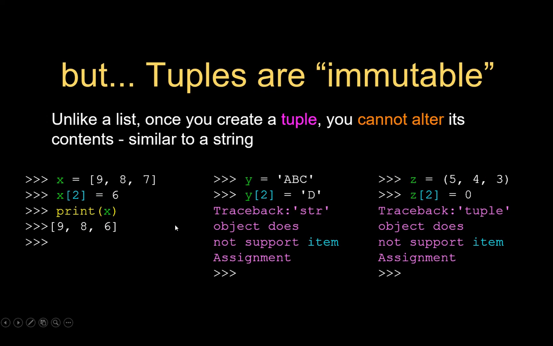So as I mentioned, the difference is that tuples are immutable, meaning that we cannot alter or change the content of the tuple. In this case, they are very similar to strings. If you remember, we couldn't change the content of strings, and this is a characteristic that differentiates tuples from lists.